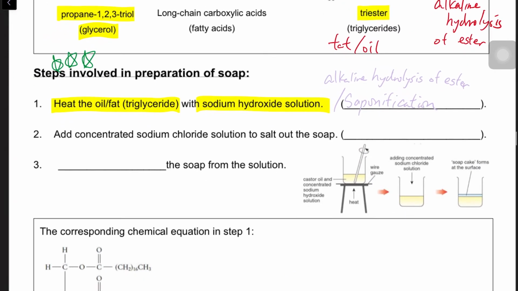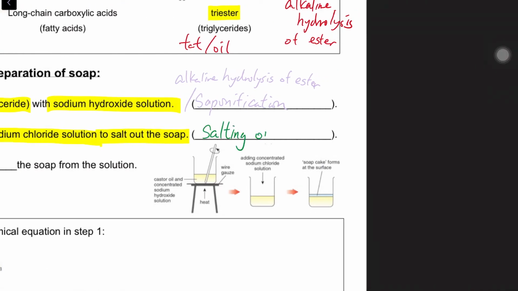So how can we separate them? The answer is we need to add concentrated sodium chloride solution to salt out the soap. Now this process we call salting out. Again, this term is so special that you must spell it, okay? Because you cannot have another word to replace it.